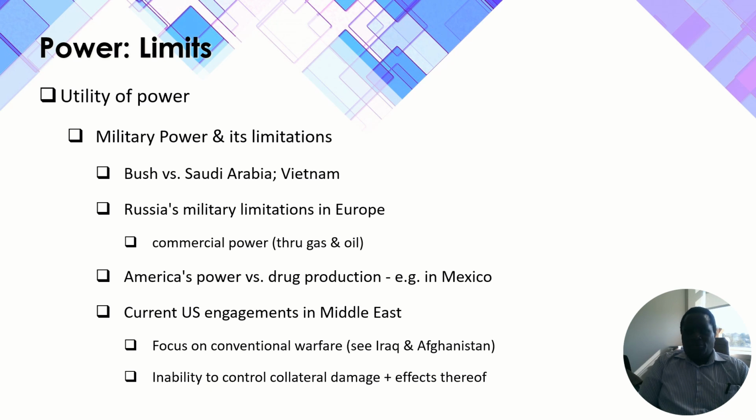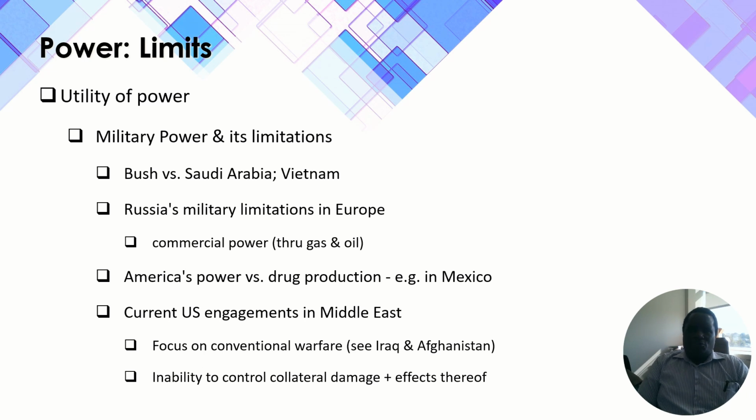And one great example is given during the 1991 Gulf War, where it is said that Saudi Arabia was willing to welcome US troops on condition that they did not bring alcohol into the country. And so even though the US had arguably the most substantive military, a country can still be required to do certain things or to not do certain things.